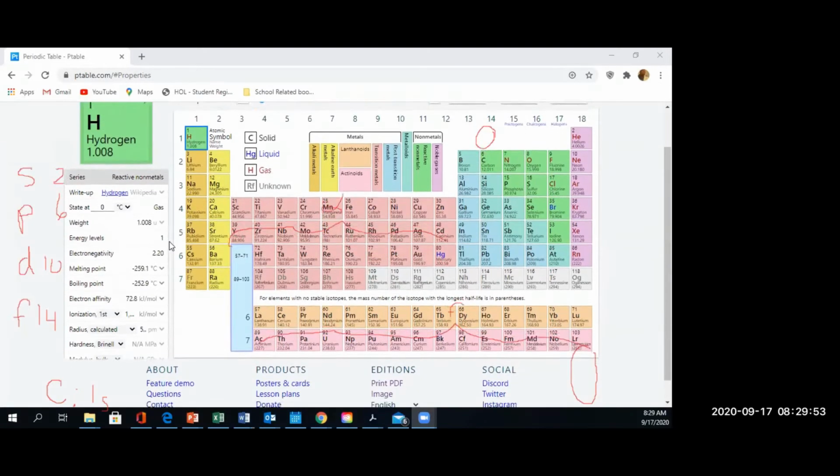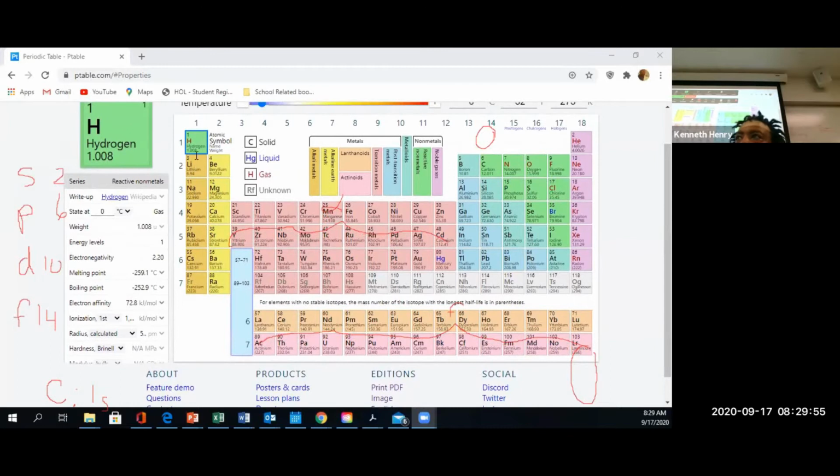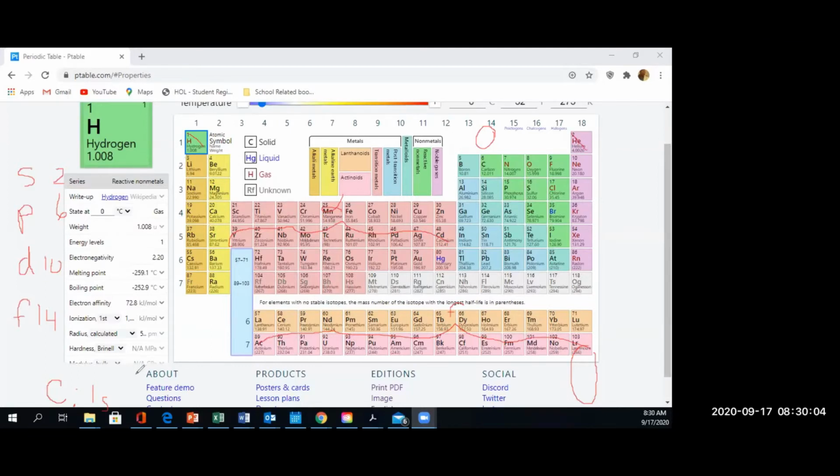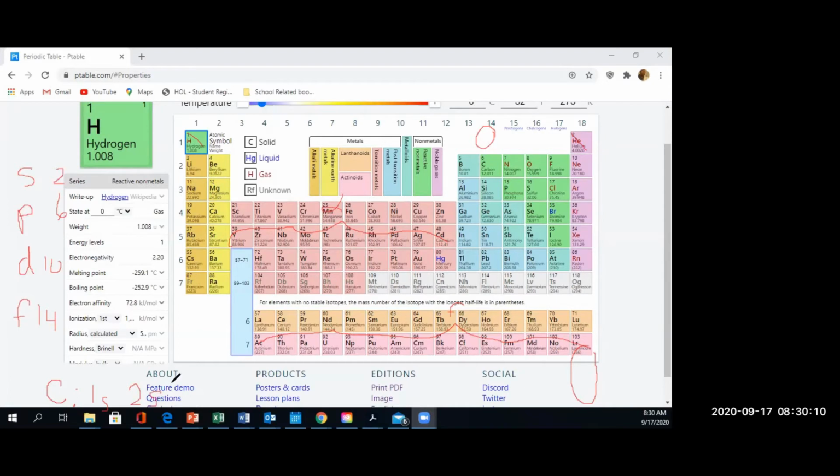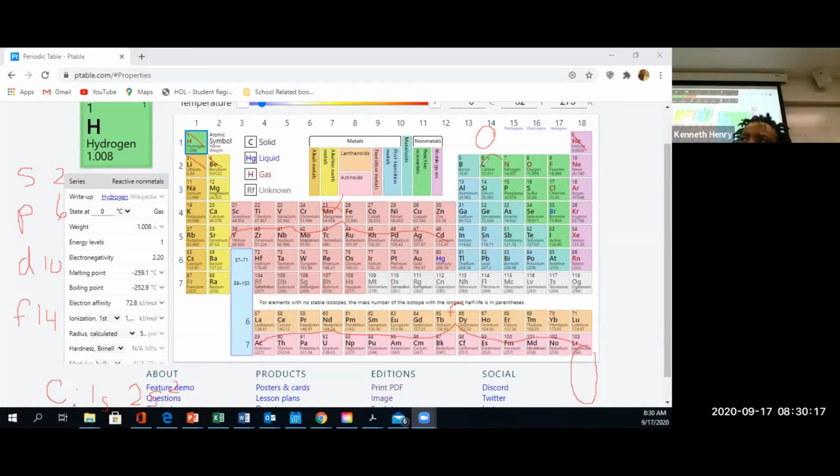Okay, good. So one way of doing it is, that's the 1s, and then 1s2, and then it's 2s. 2s2, that's right. And then 2p, because carbon is right here.